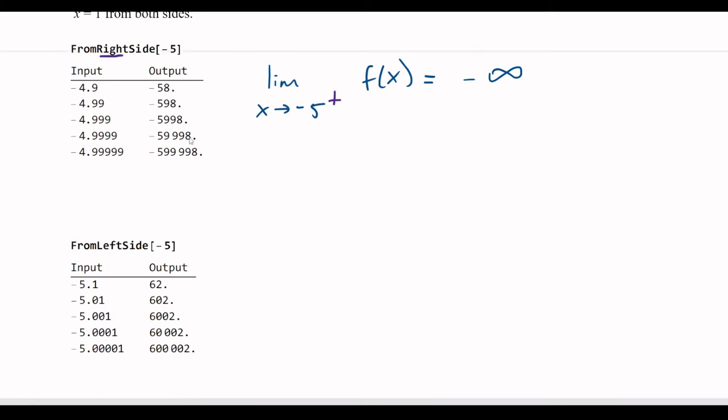And then we've got the limit as x approaches -5 from the left is actually infinity because I'm going up, up, up, up, up. Again, these are not numbers. It's a way to describe kind of what's happening here, what the pattern is. And we put that little minus sign in the top for left.